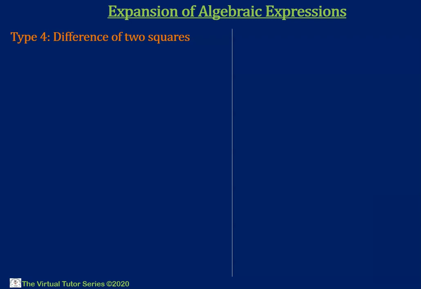For instance, we can expand the expression (a plus b) times (a minus b) by multiplying a by (a minus b) and multiplying b by (a minus b).